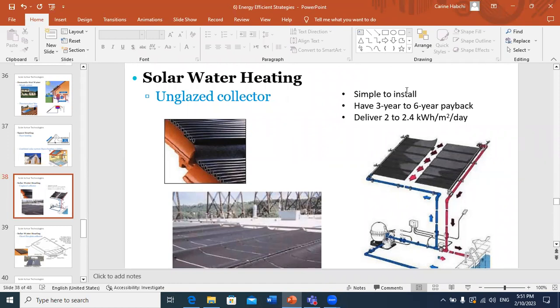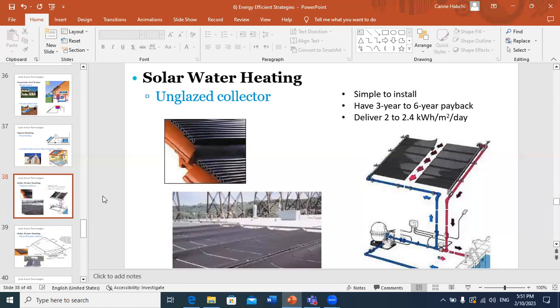It has a relatively 3 year to 6 year payback period, which is acceptable, and it can deliver up to 2 to 2.4 kilowatt hour per meter square per day. This is widely used in pools. Because you want to heat water in pools to a temperature that is not very large, and this system can be very efficient for such application.